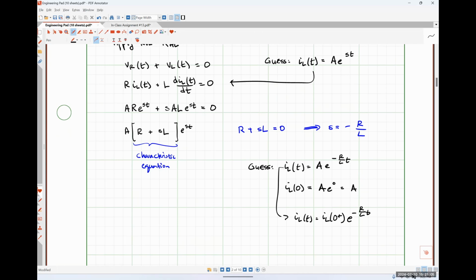So effectively, it's almost the exact same expression as our capacitor voltage, except that now our rate of decay is dependent on the inductance and the resistance as opposed to the capacitance and the resistance.